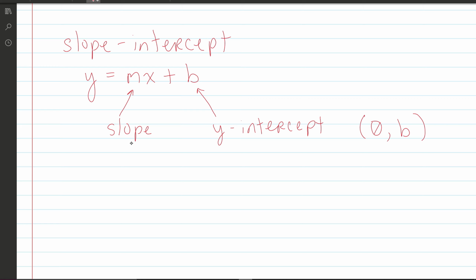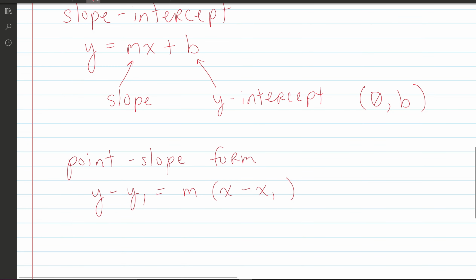The next form of the equation of a line is what's known as point-slope form. Point-slope form is y minus y sub 1 equals m times the quantity of x minus x sub 1. Again, m is the slope, and for this one we usually substitute in for y sub 1 and x sub 1.